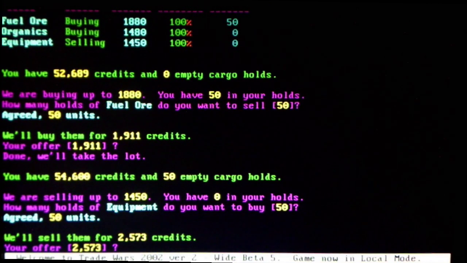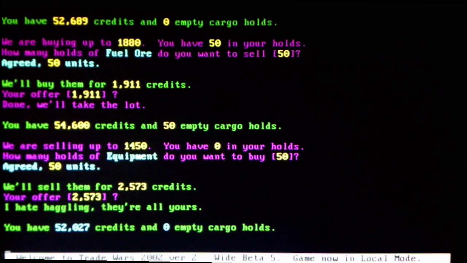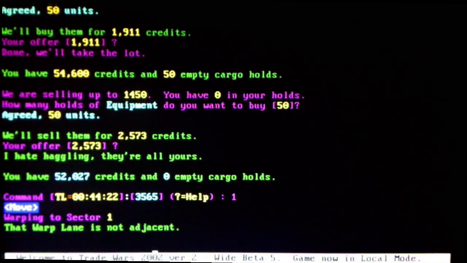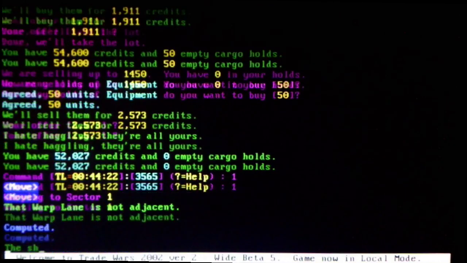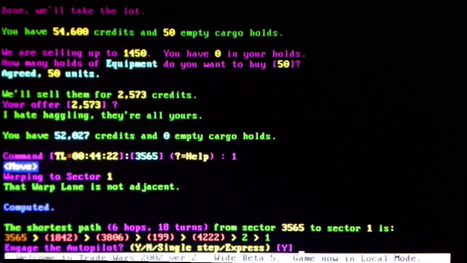So remember, oh, are they selling it cheap? I don't know. Oh, okay, so I've made 2,000 credits. So is it smart enough to remember how to get to 1? Oh no, it's got to calculate again. Yikes. Okay, so that wasn't so bad.